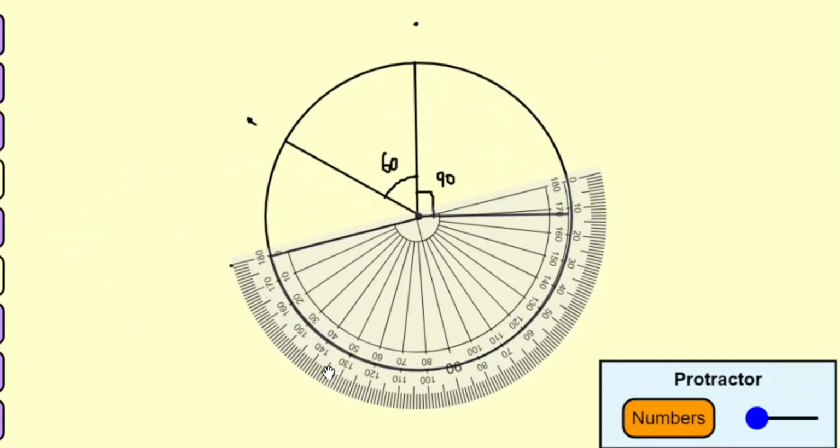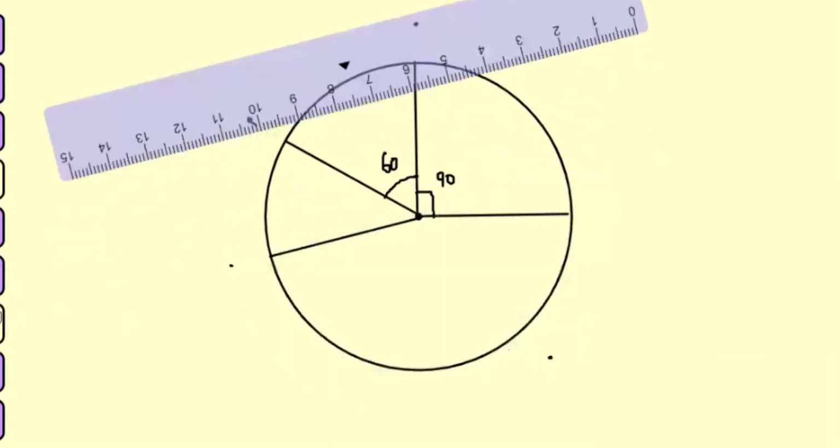Not this side. 120 is an obtuse angle, so it will be over here. So here is our 120. Let us draw.